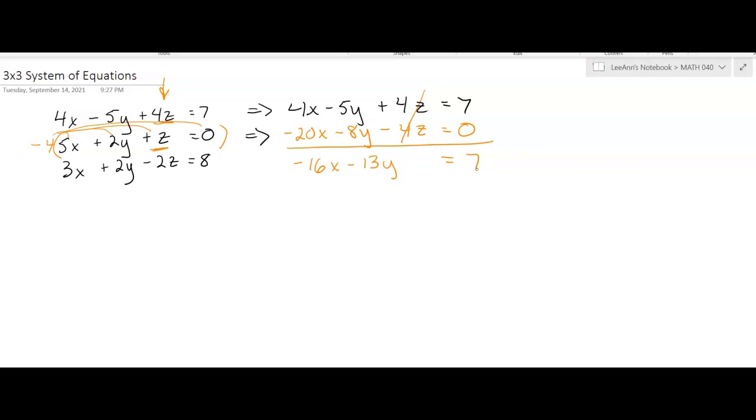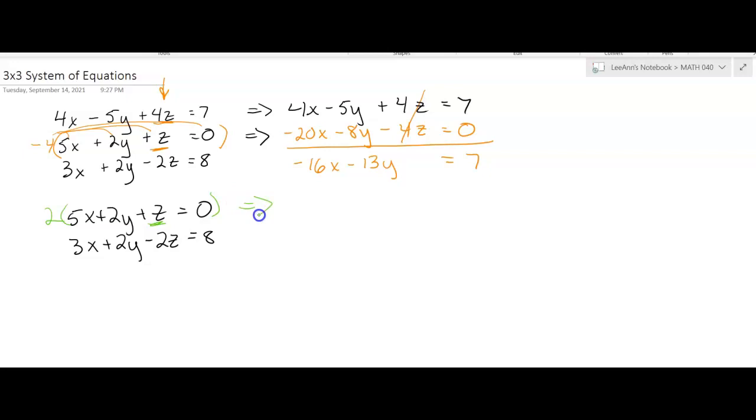All right, now what I want to do is look at the middle equation. Let me recopy it: 5x plus 2y plus z equals 0. And the bottom equation, 3x plus 2y minus 2z equals 8. This time I'm going to multiply the middle equation by 2, because then that's going to give me 2z, and I'm going to combine it with a negative 2z, and those will eliminate.